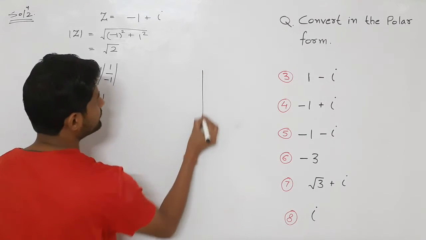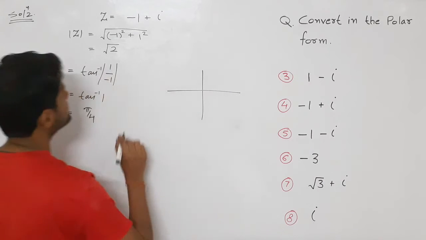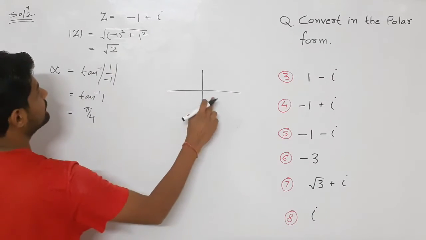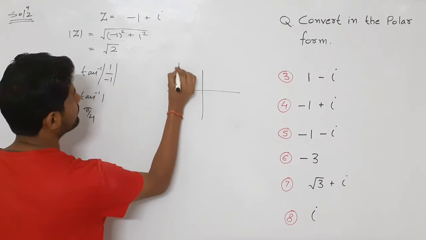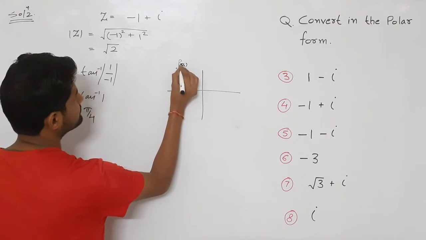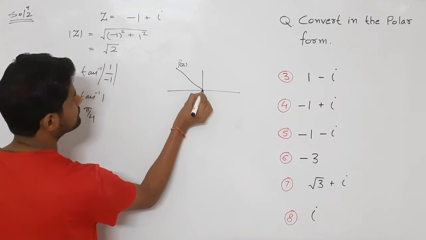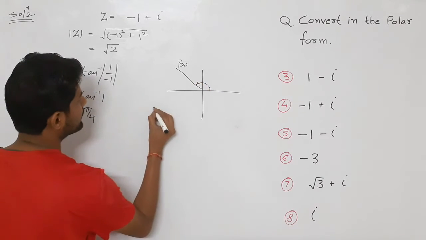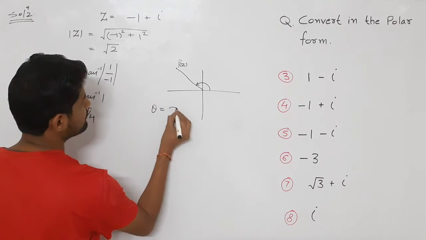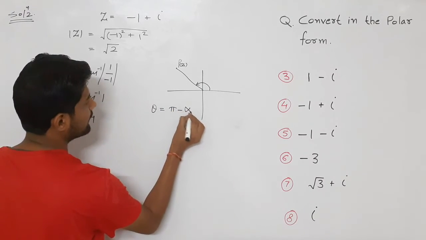Now we will see in which quadrant this complex number lies. So A is negative and B is positive. So this lies in second quadrant, right? And for second quadrant, we will write principal argument as pi minus alpha.